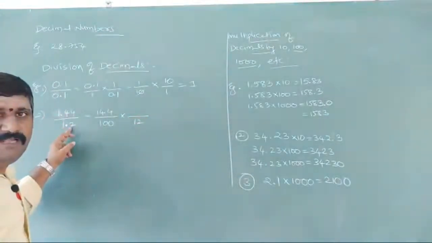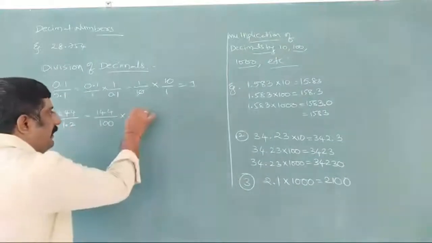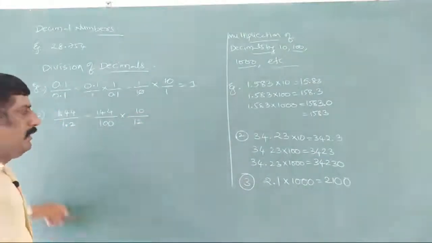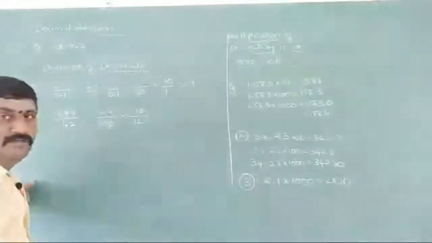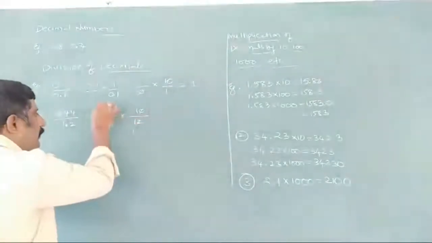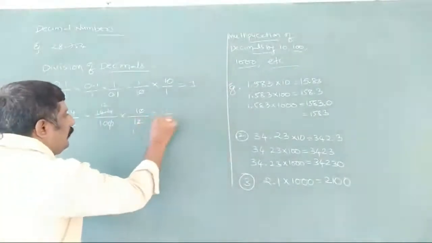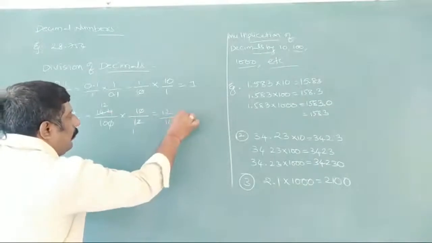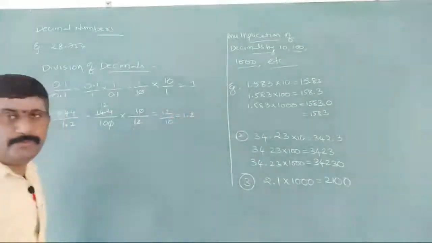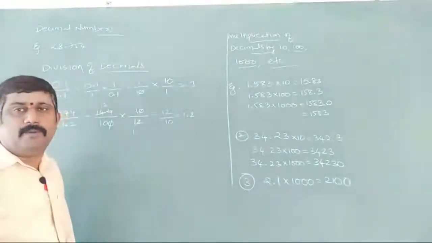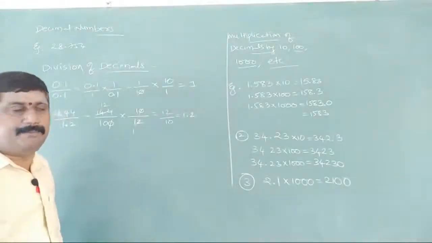After the decimal how many do we have? 1. So simply we are writing 10 here. Now both get cancelled, 0 and 0. 12 ones are 12, 12 twos are 144. The answer is going to be 12 by 10, or else 1.2.